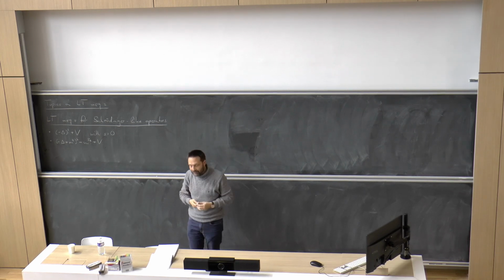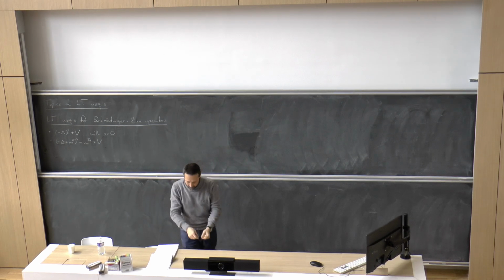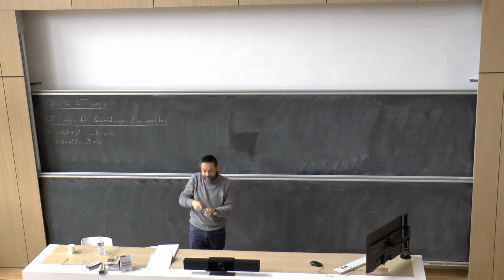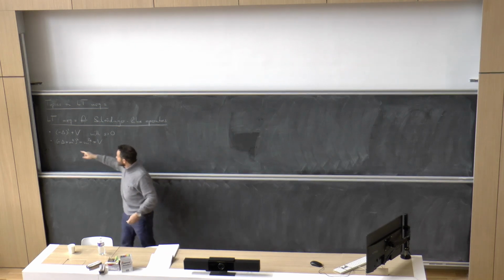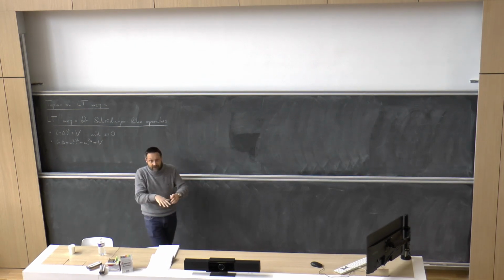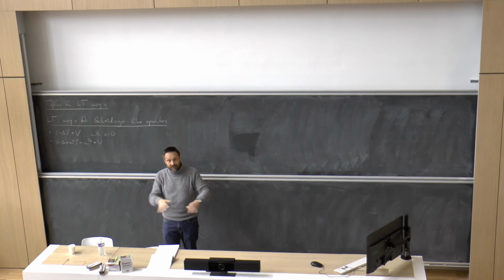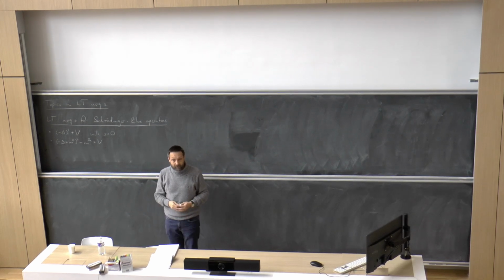Because when functions are large, that's where the gradient is large, so this corresponds to high frequencies. Large values of the function correspond to the square root of the Laplacian, small values of the function, then we have the Laplacian, then we have the ordinary function.